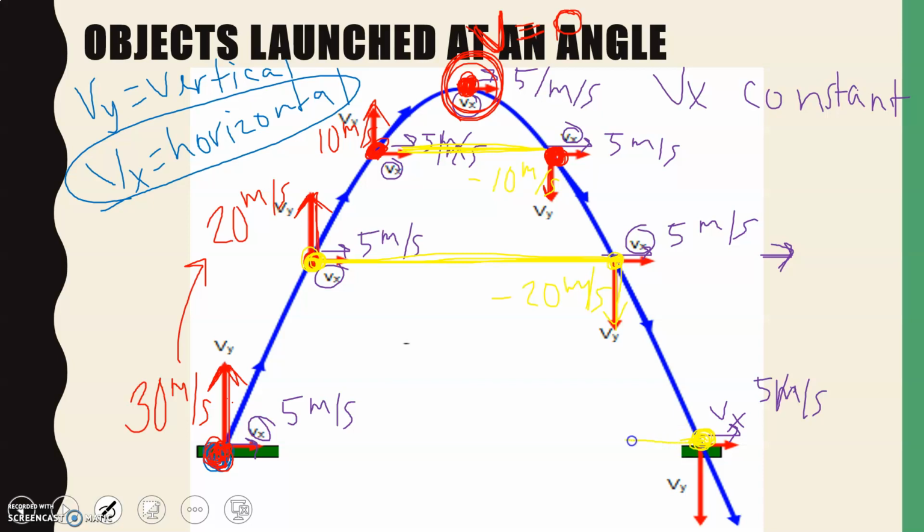So we launched it and it landed in the same exact position. So again, we have that symmetry where our velocity to start with for our vertical component, we launched it at 30 meters per second. Now our final position when it hits the ground, it is negative 30 meters per second.